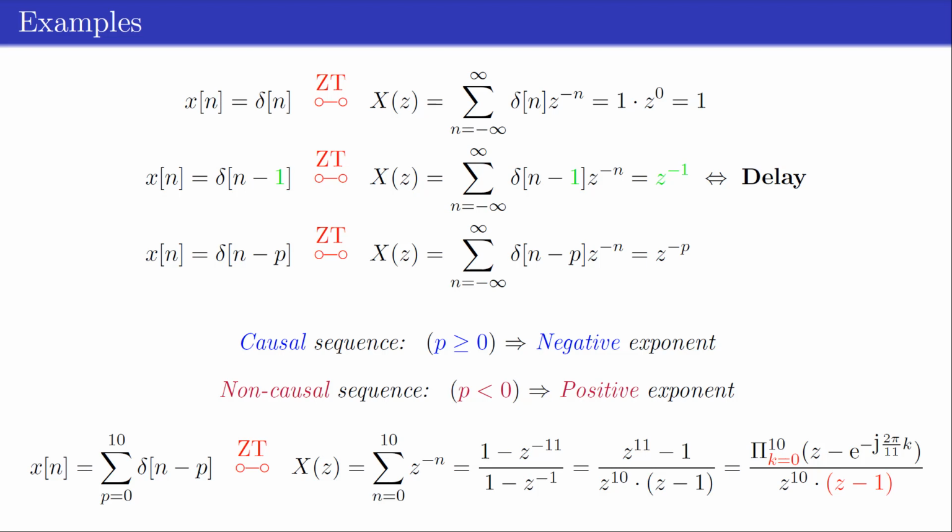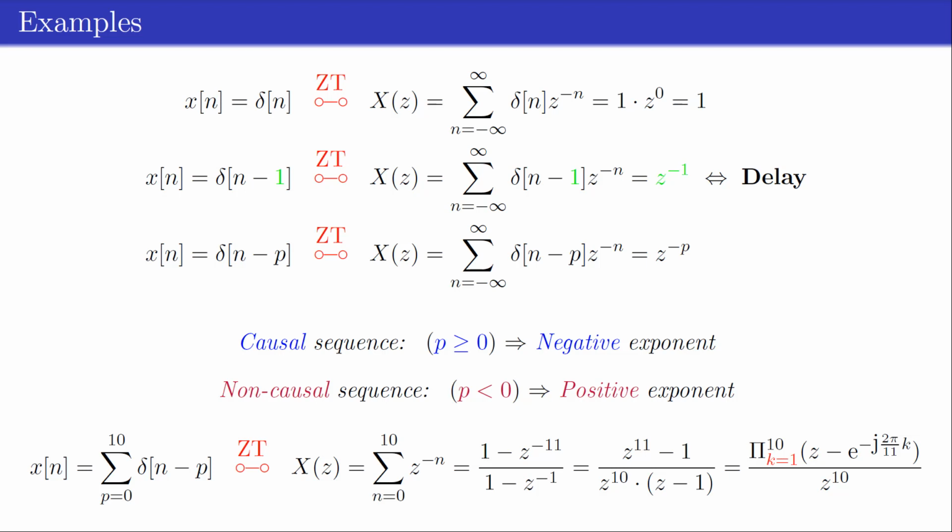Because the denominator also contains a term z minus 1, the Z-transform writes as a numerator, which is a product of 10 first-order polynomials, and a denominator which is equal to z to the power 10.